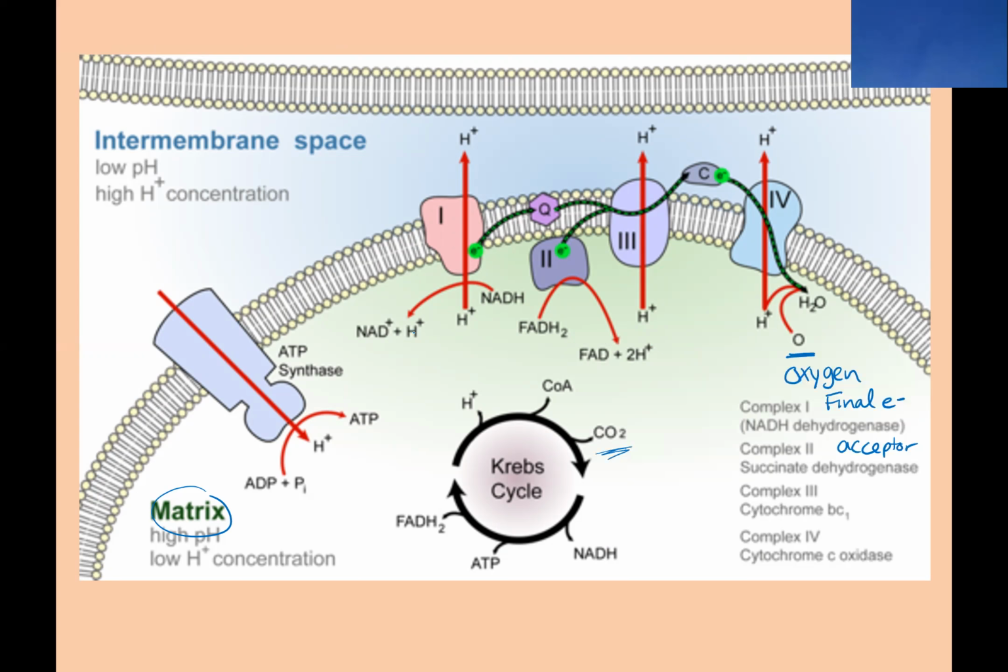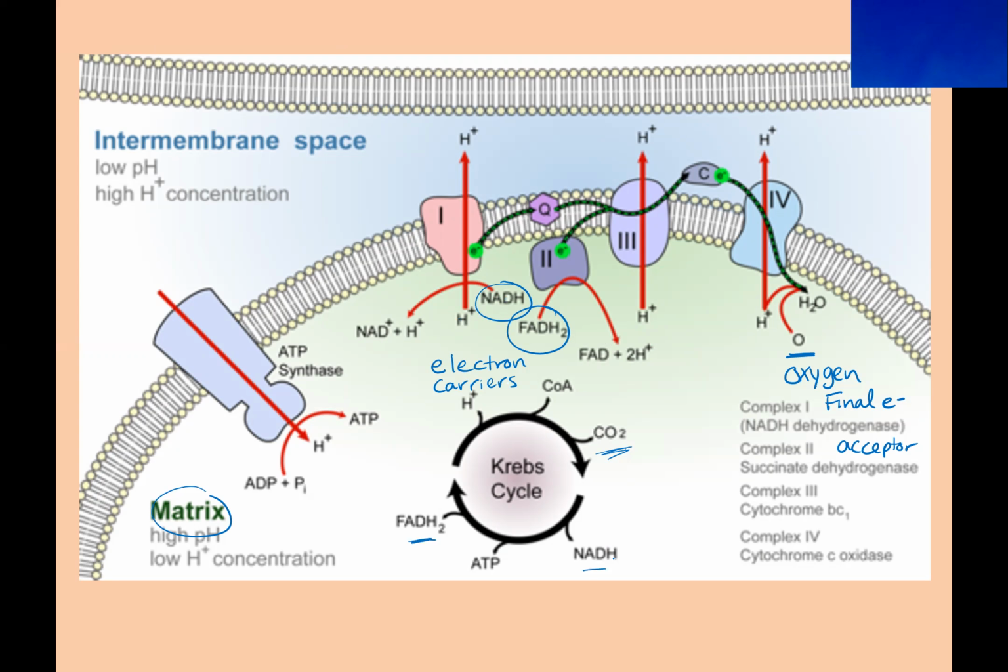Here are our electron carriers, super important. Remember that they are made in glycolysis, the conversion of pyruvate to acetyl-CoA, and the Krebs cycle.